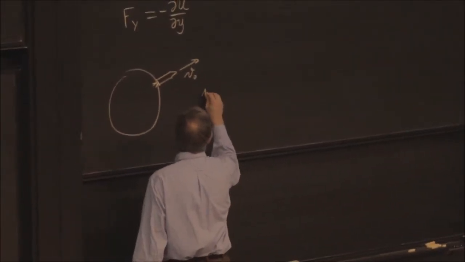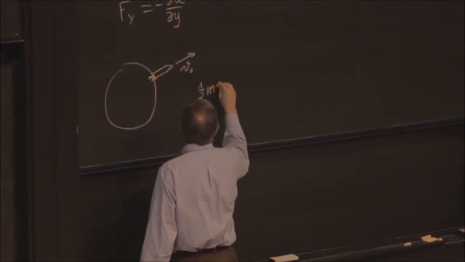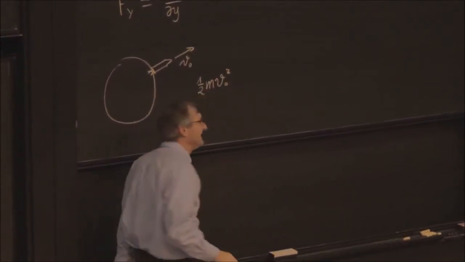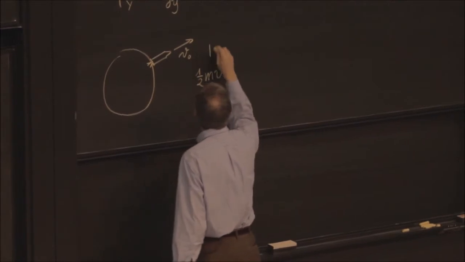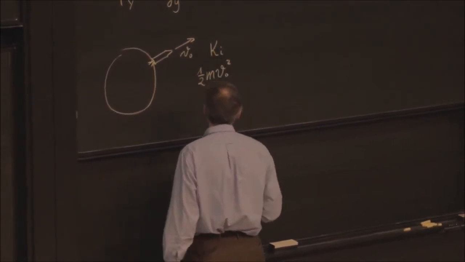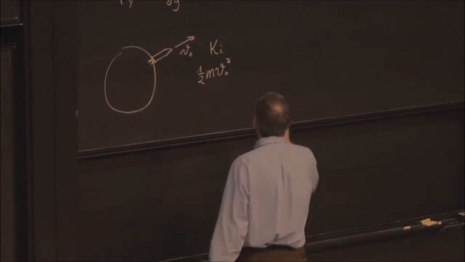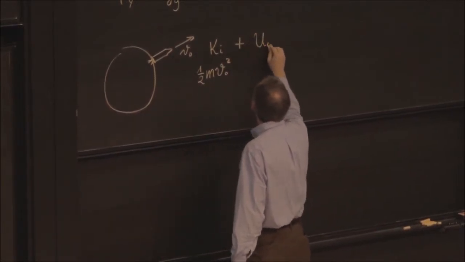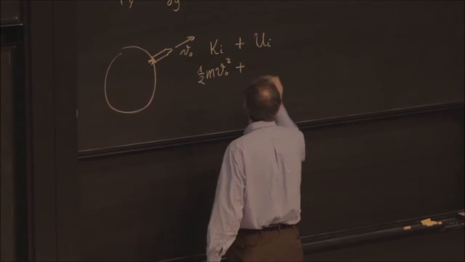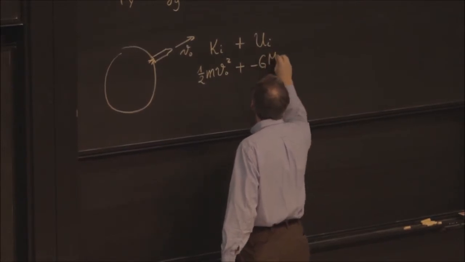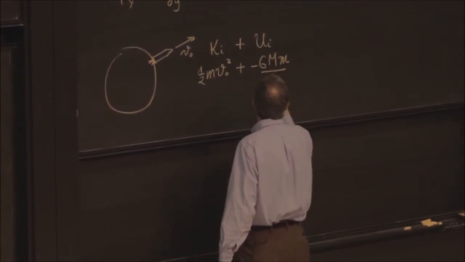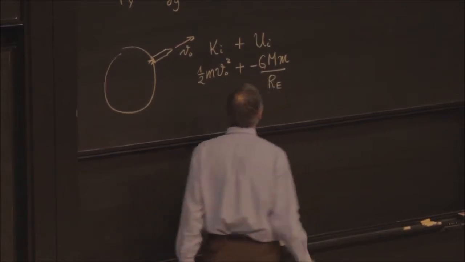So initially it has kinetic energy like that, and gravitational potential energy of minus GMm over the radius of the Earth.